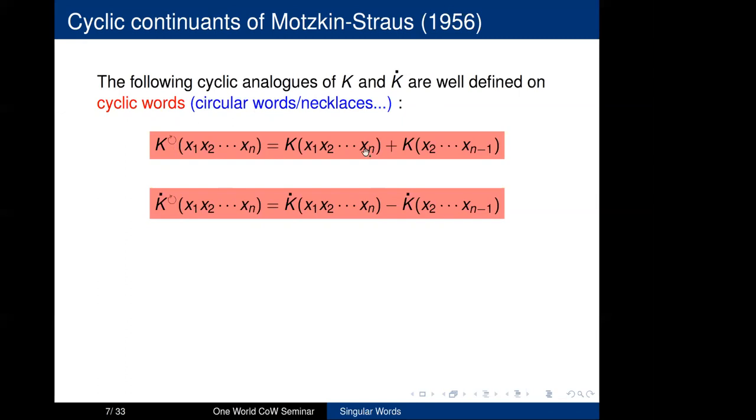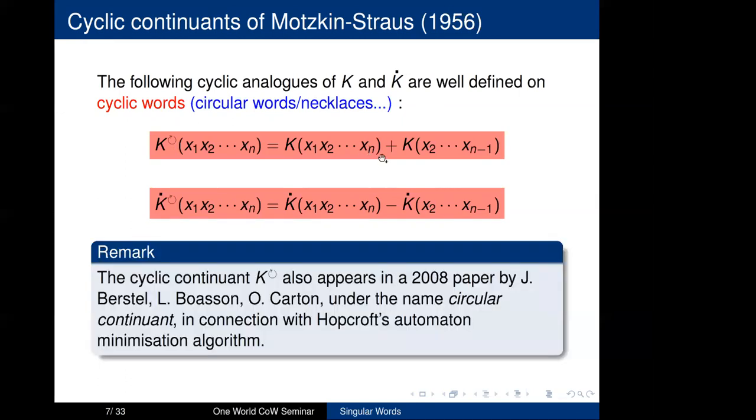So these are defined on cyclic words. Some of you might have also seen this first one, the circular version of K, in a 2008 paper by Jean Berstel, Boisson and Cartan. They called it the circular continuant, and it was considered in connection with Hopcroft's automaton minimization algorithm.